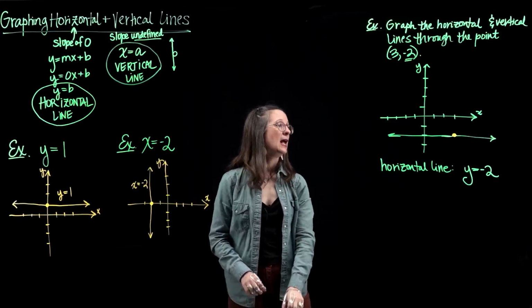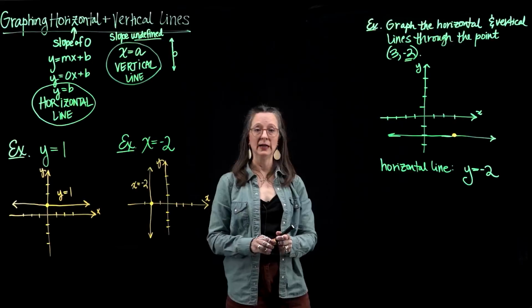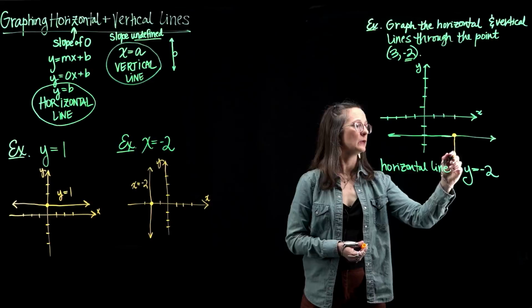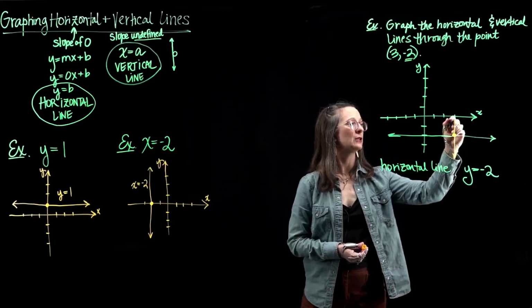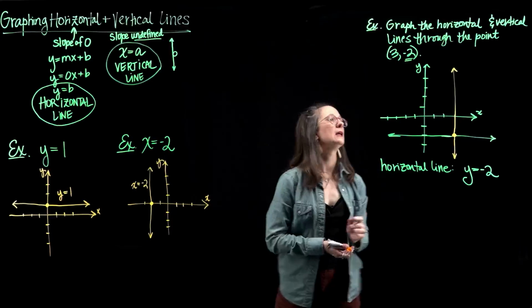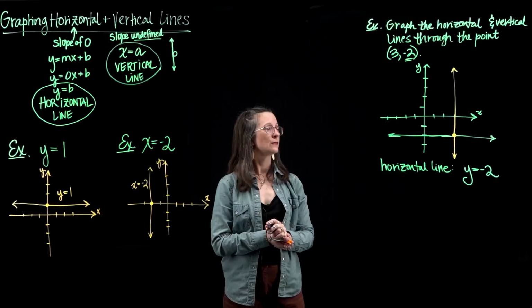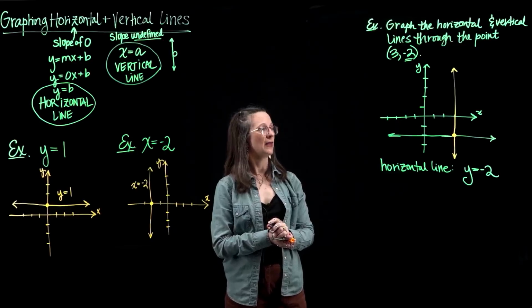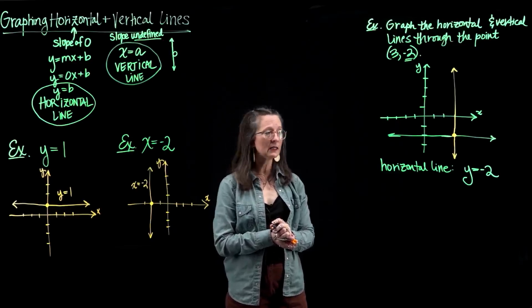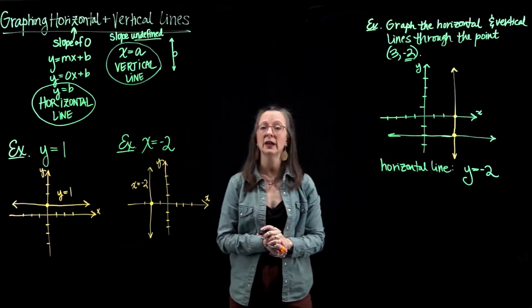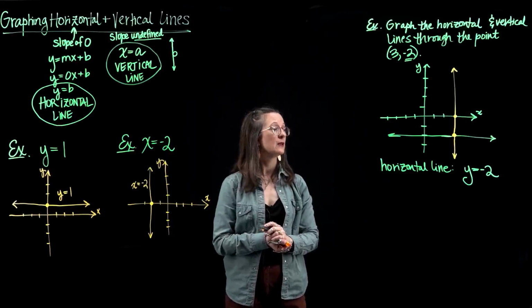All right, and then for the vertical line, let's go back to my point (3, -2). I'm going to extend vertically from that point both up and down. So we've got a visual on that. It's a vertical line, and you'll notice it touches the x-axis at x equals 3.